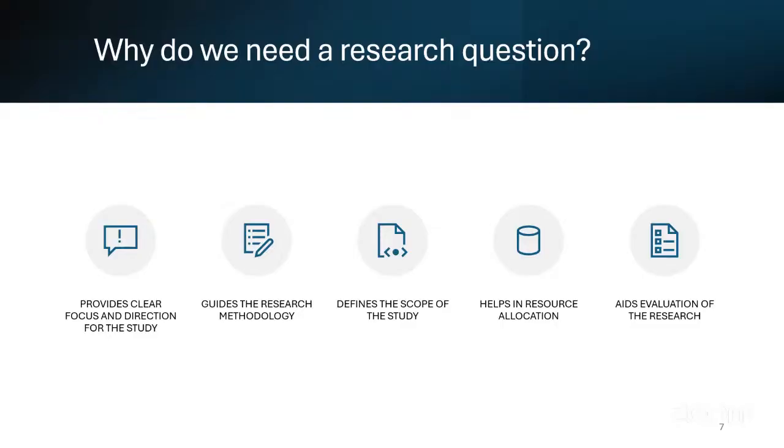methodology. It will define the scope of your study so that you are working within defined boundaries, because it's very easy to collect data and get carried away and just start doing all manner of analysis, trying to find all manner of associations that are not directly related to your study.